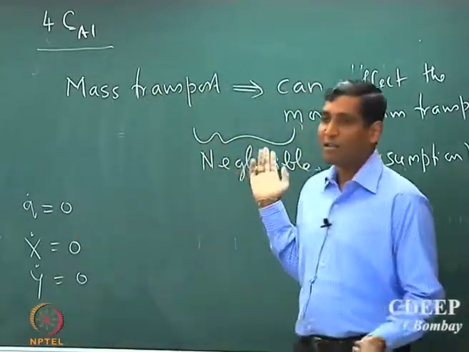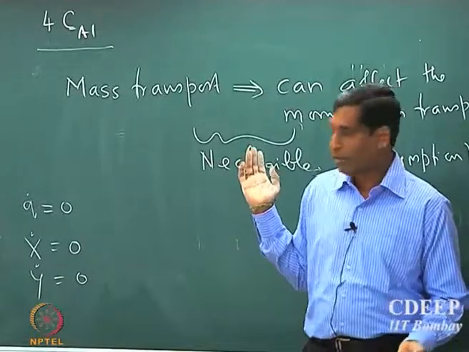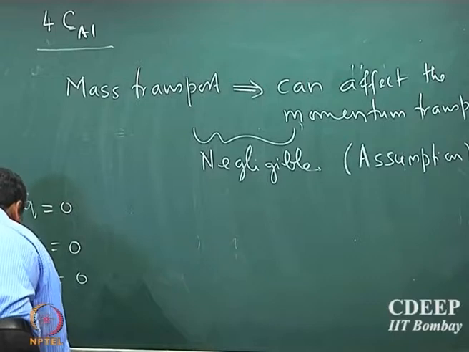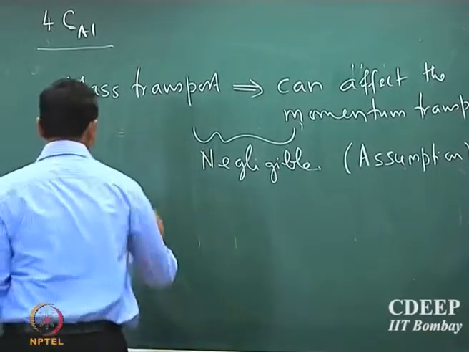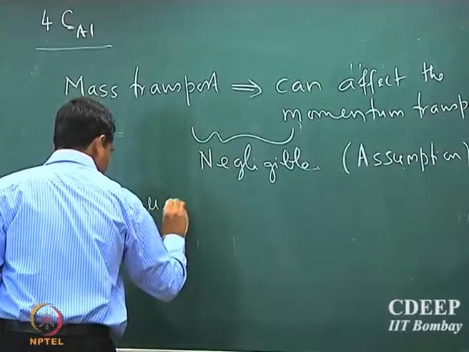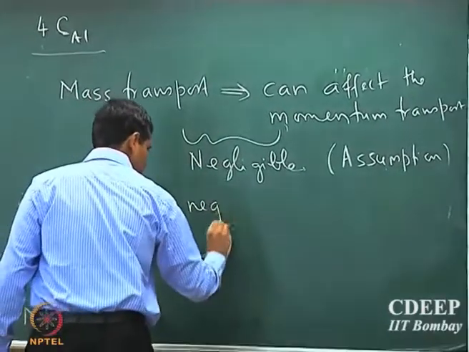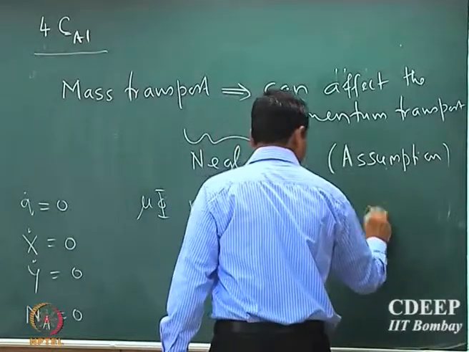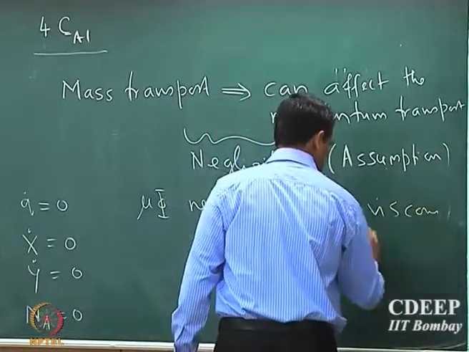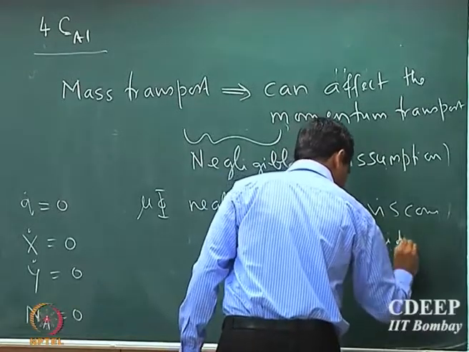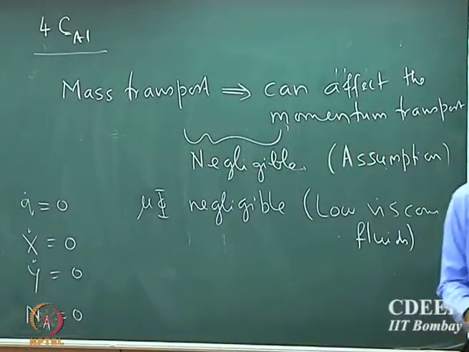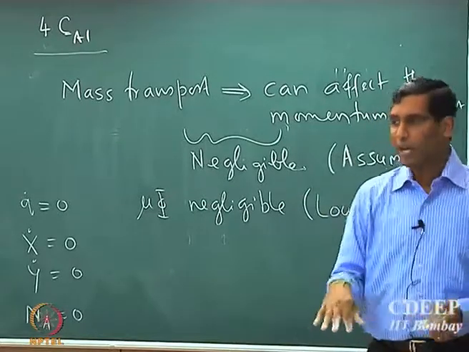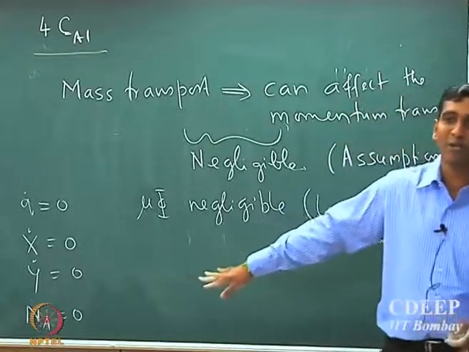In order to understand the simultaneous heat, mass and momentum transport, we will make these approximations, and then we will assume that Na dot is also 0. We will also assume that the fluid that we are actually dealing with is a low viscous fluid, and therefore the viscous dissipation is also not significant.